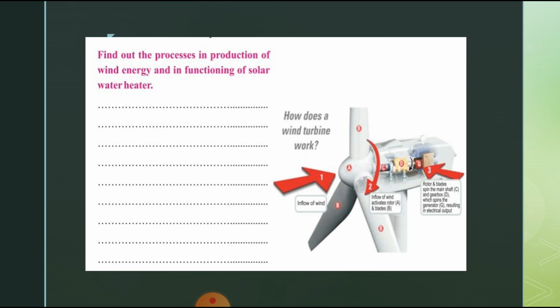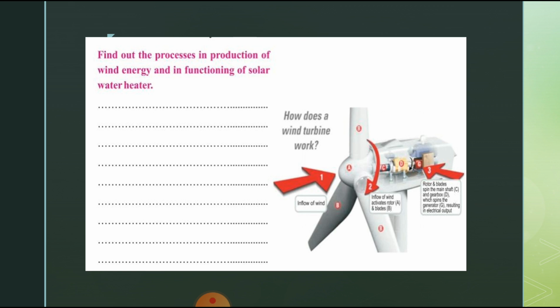See, on the opposite side of the gearbox, it is connected to the high speed shaft, and the high speed shaft connects to an electric generator.